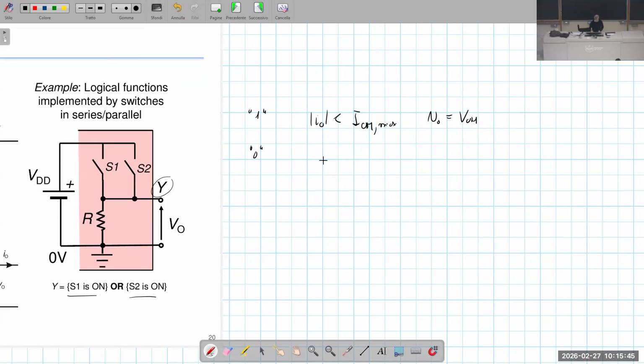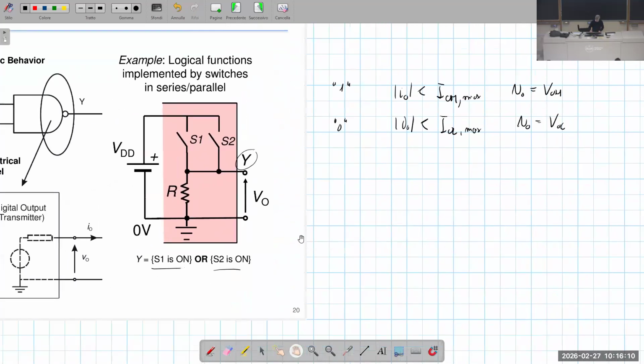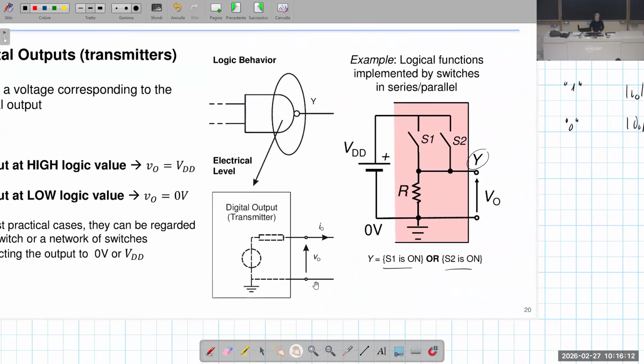At the low output state, the same: the output current should be less in magnitude than IOL maximum, to have VO equal to VOL. So the message is that everything works fine if we don't put resistive loads, or especially low resistances, at the output. Please.